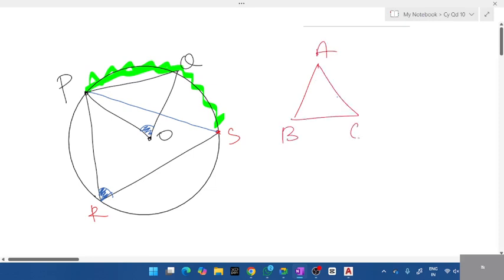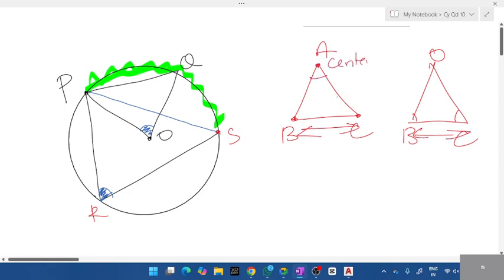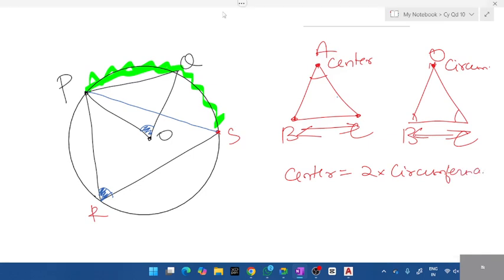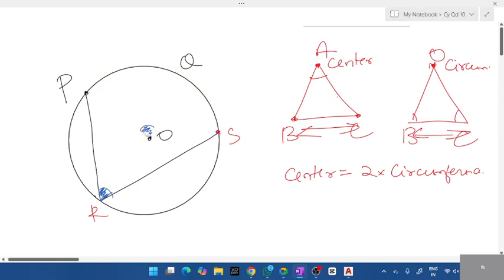Remember like this: A, B, C and B, O, C. Any triangle which has the same base, BC and BC, if angle A is formed in the center and angle O is formed on the circumference, then what does theorem one say? Center is equal to twice circumference, right? This is the formula. Next concept.